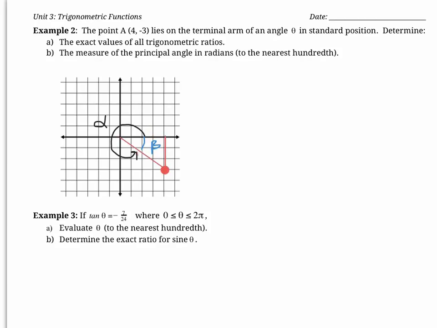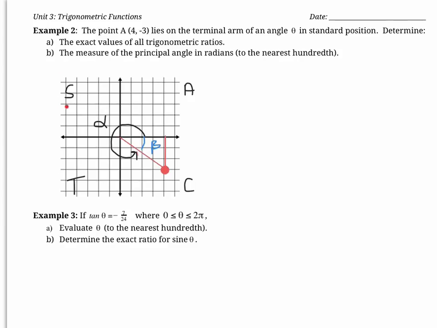Then let's check the signs of sine, cos, and tan and make sure that they match what's supposed to happen in this quadrant. For that we need our CAST rule, which we learned last year. Remember, our CAST rule is a little something to help us memorize what ratios are positive in which quadrants. In quadrant 1, all ratios are positive.